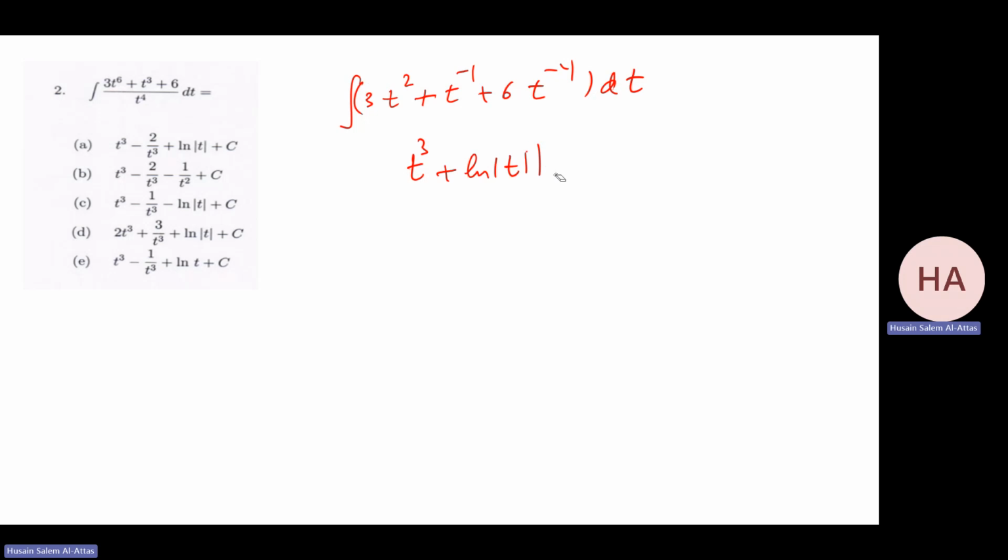This is t to the power minus 1, so I'll not add 1 or something. This is ln absolute value of t. And 6 over minus 3 times t to the power minus 3 plus c. So that will be what? T cubed, this one is minus 2 over t cubed plus ln absolute value of t plus c, which is this one.